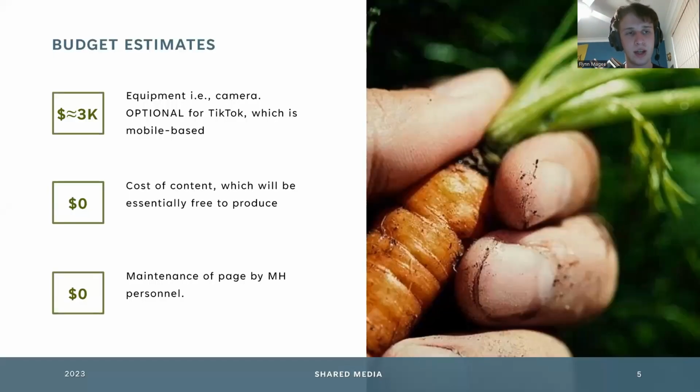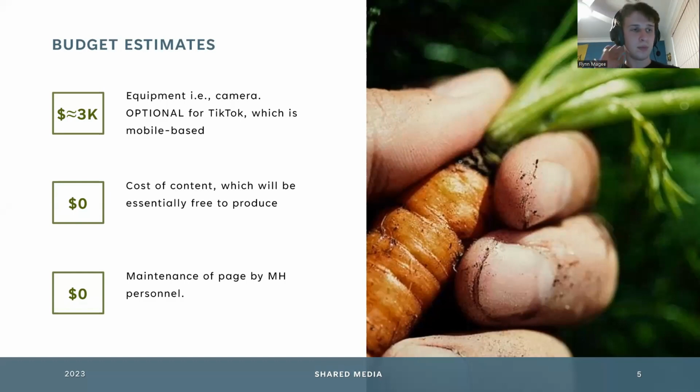So in terms of budget estimates, a large benefit of this tactic is that it is functionally cost-free. The only upfront cost would be for equipment and facilities like cameras and microphones. Given that TikTok is a mobile-based application, they are completely optional and aren't really needed.